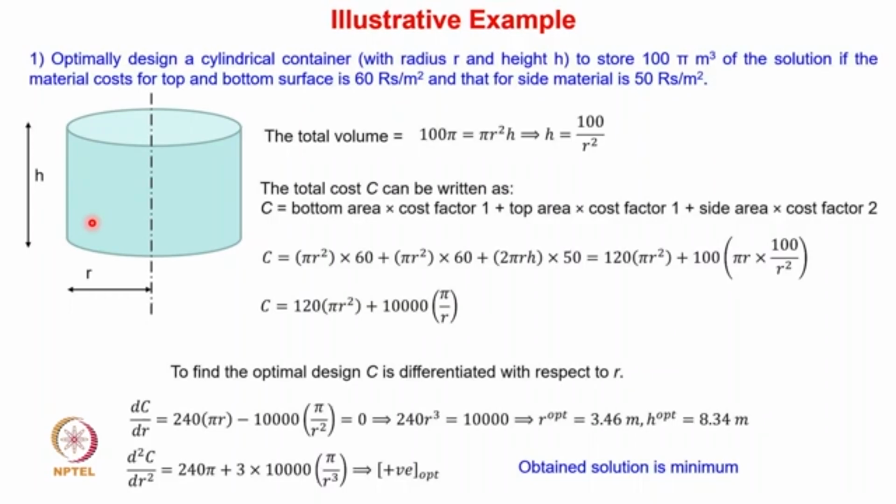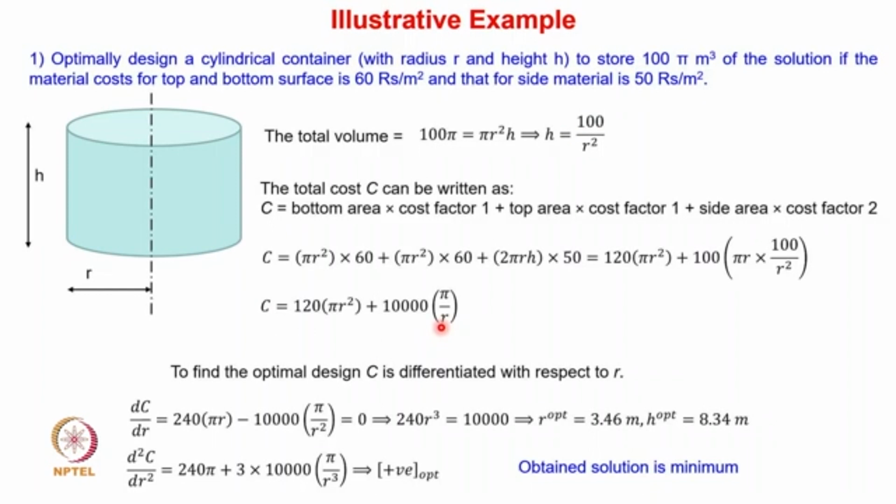In this case, you can see that there are two variables, r and h. But let's say I have a constraint that says my volume should be 100 pi meter cube, so I can replace h by 100 by r square. Initially the cost C was in terms of both r and h, but after substituting h equals 100 by r square, C is only a function of r.